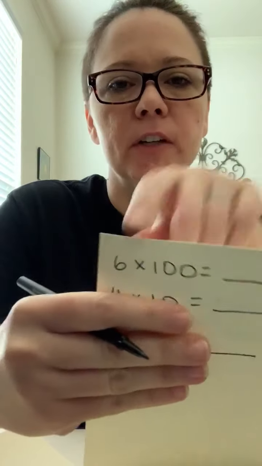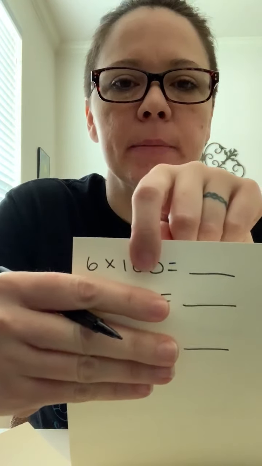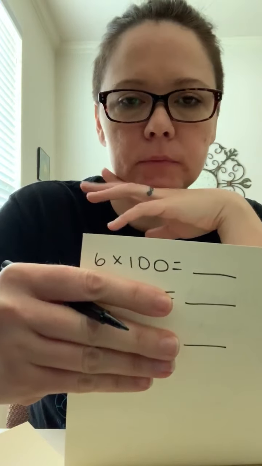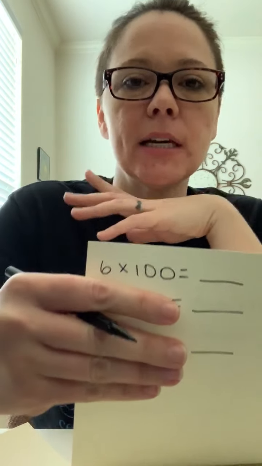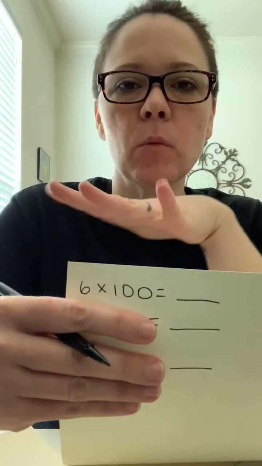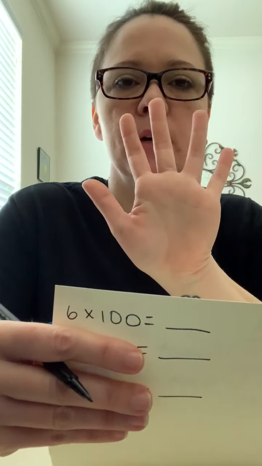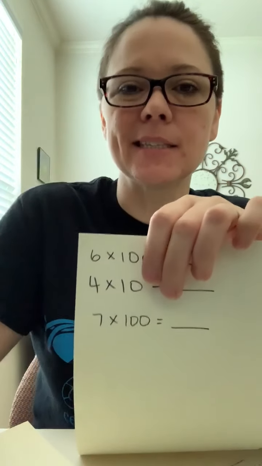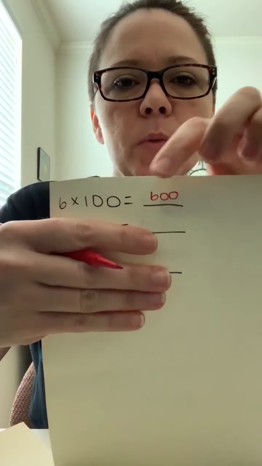Okay. The first one is 6 times 100. That tells us how many times we're counting by 100. How many 100s do we have? We have 6. So 100, 200, 300, 400, 500. One more, 600. So 6 times 100 is 600.